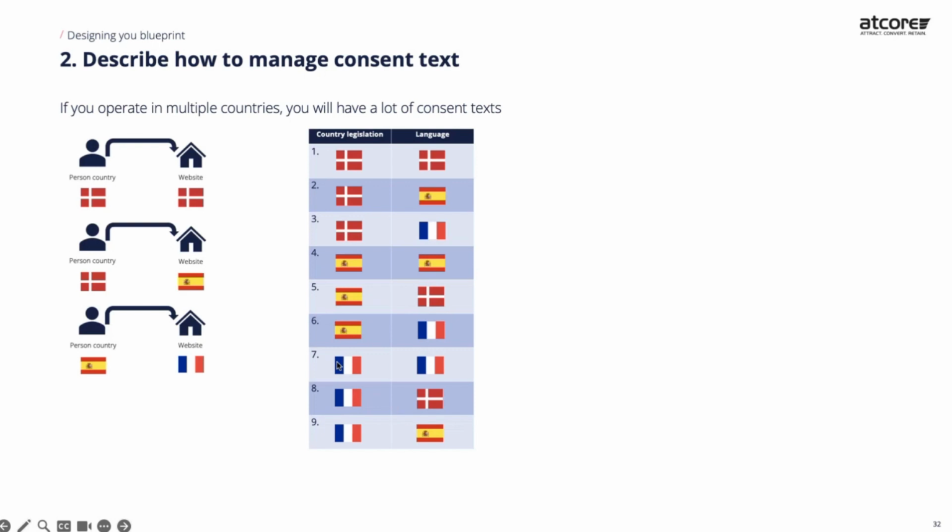Because if, for instance, a Spanish person visits the Danish website and the consent text is in English, we can't just assume that this person from Spain understands English, meaning that we are actually showing some legal text in a language that the person doesn't understand. So that's why I think it's a good idea to keep the legal text localized and translated.